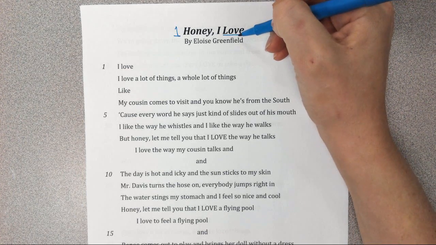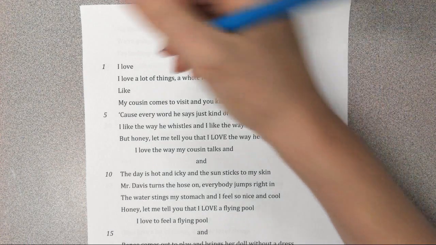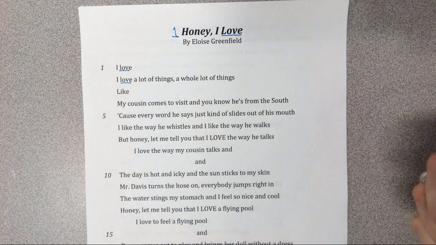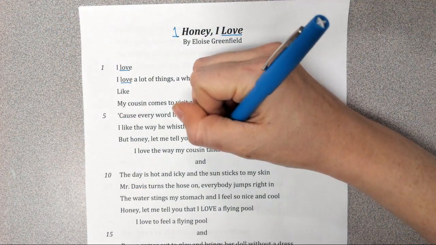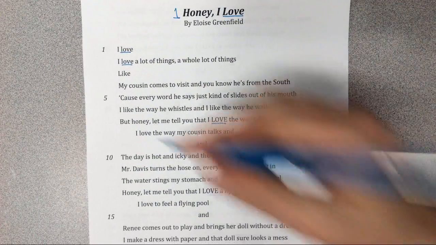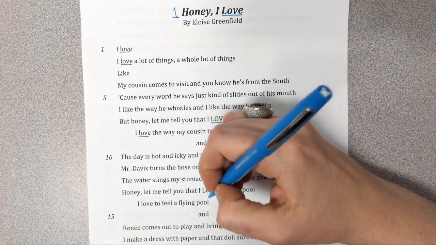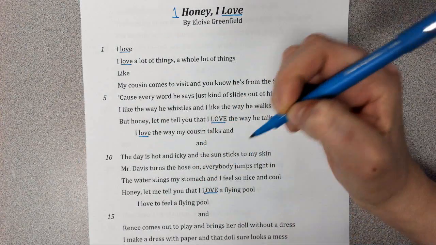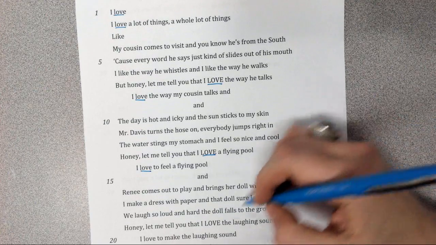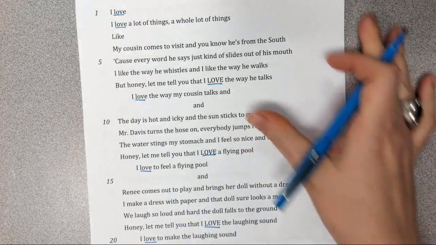Well, since I underlined love here, I can already, without even reading the poem, see a lot of words that are repeating over and over, like the word love in line 1, again in 2, again in line 7, again in line 8, and then I see it again over here in line 13, and in 14, in line 19, in line 20.